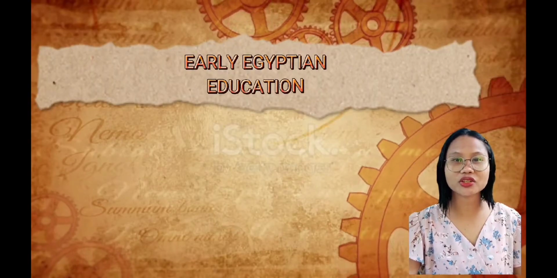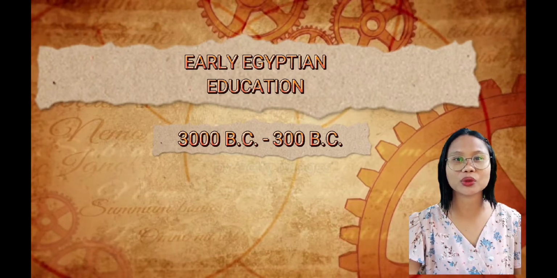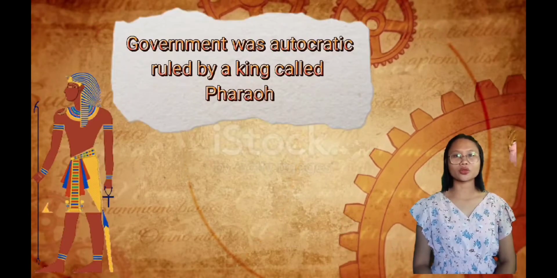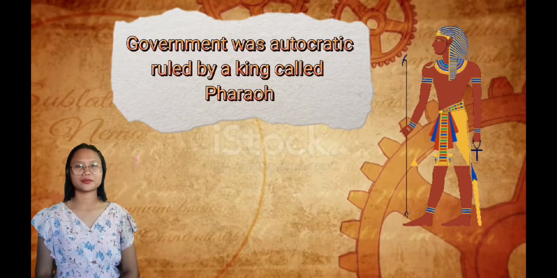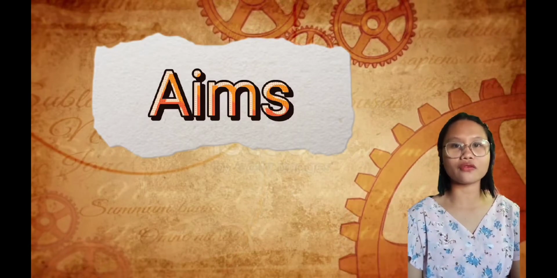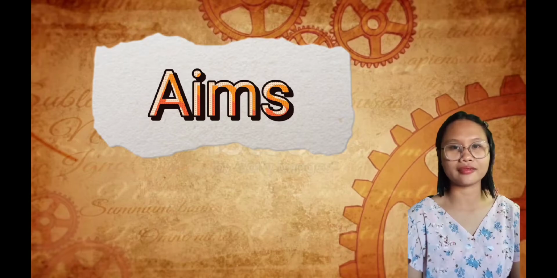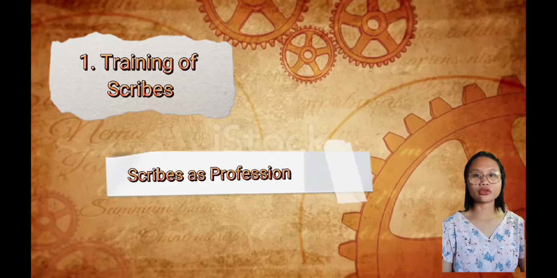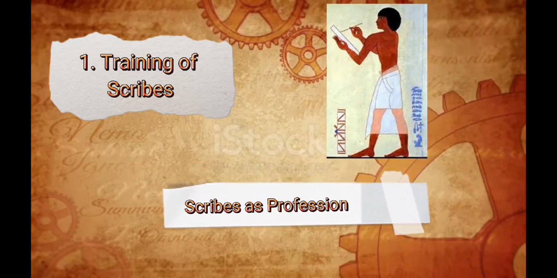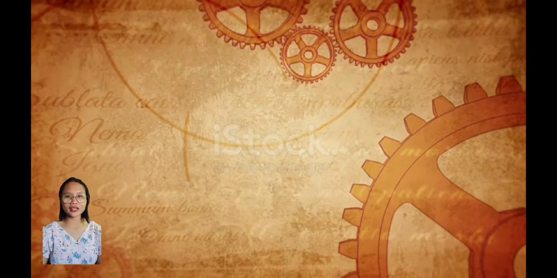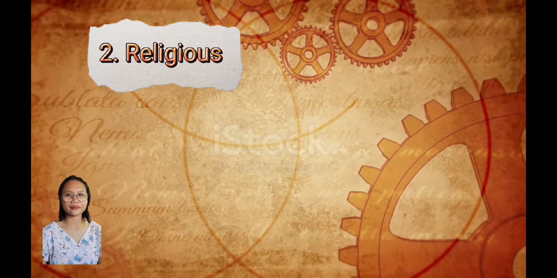Early Egyptian education, 3000 BC to 300 BC. Government was autocratic, ruled by a king called Pharaoh. These were the aims of this Egyptian education. First, training of scribes. In those days, scribes was a profession. Second, religious.